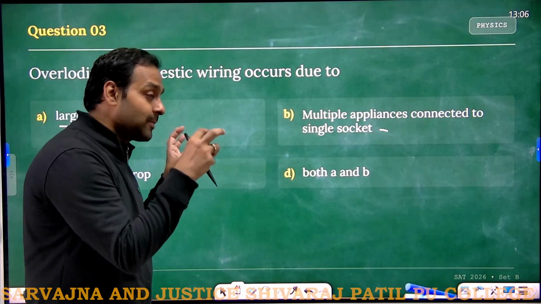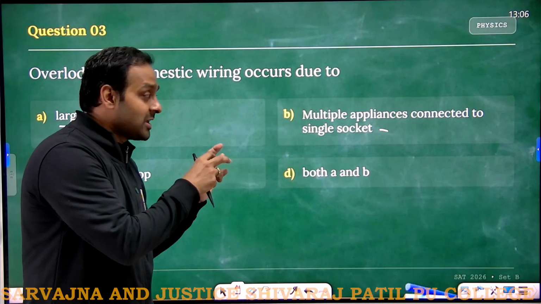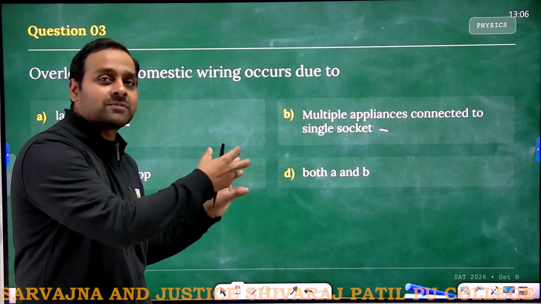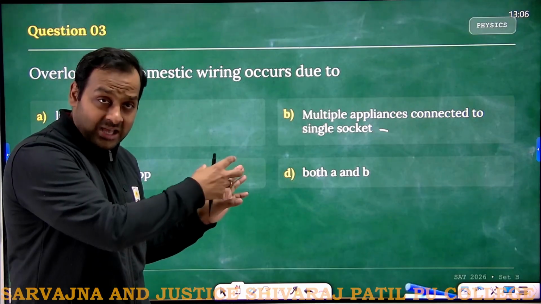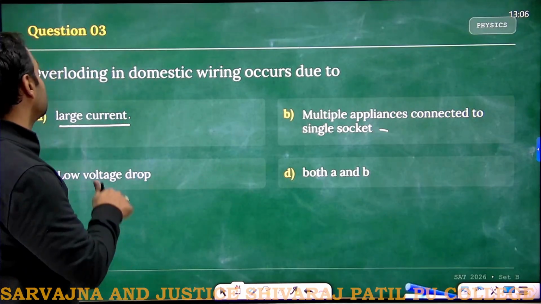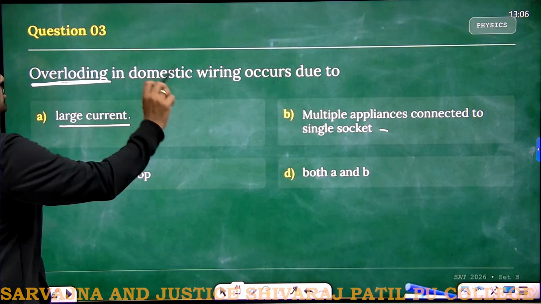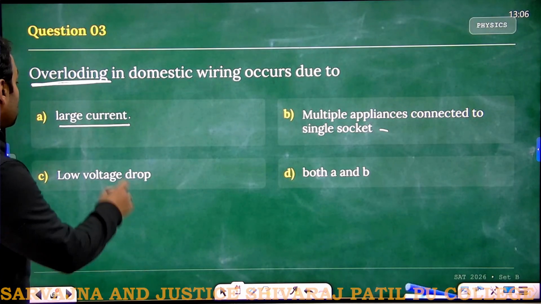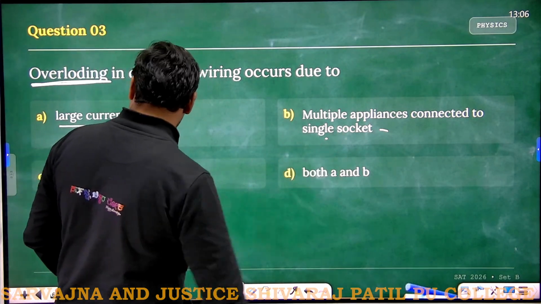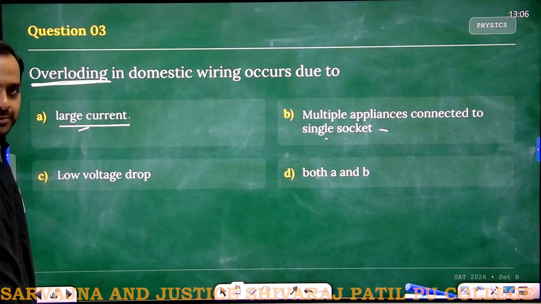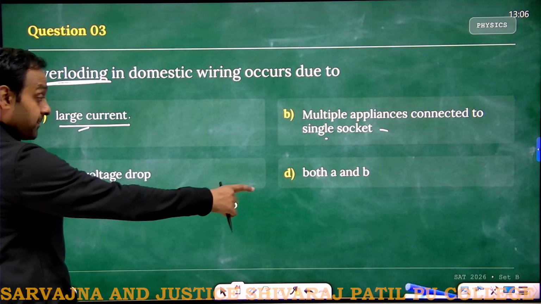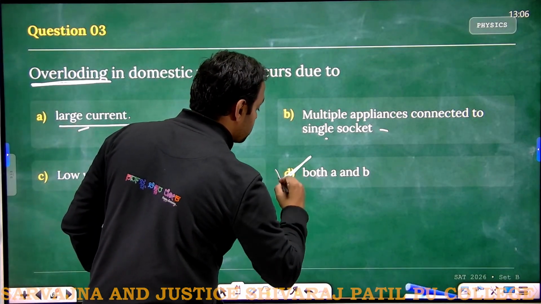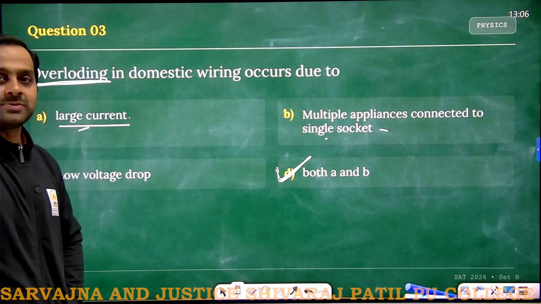That socket will try to draw a large amount of current, and this large amount of current is what leads to overloading. So both option A and option B are correct. Low voltage drop, no. The correct option is option D. Option D is both A and B.